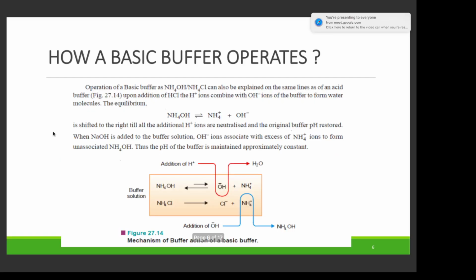Okay, so the mechanism of the basic buffer is same as the acidic buffer. In the basic buffer there will be a base and its corresponding salt. As it is a weaker base, it will not dissociate 100%. Okay, clear? So the chances of dissociation will be less, but when it dissociates, the chances of reassociation to form this base again are higher.